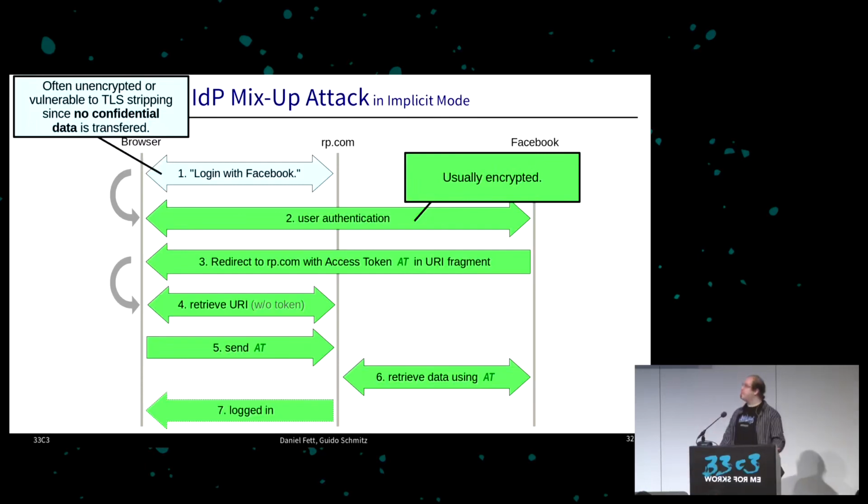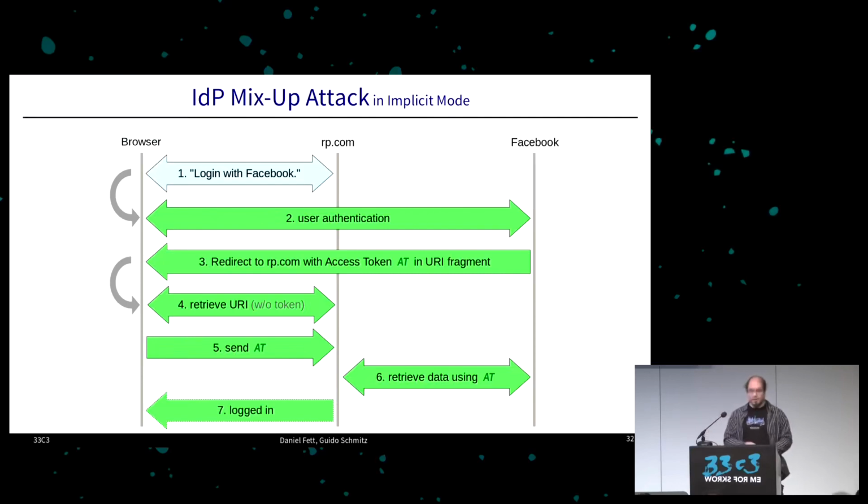And this very first information, where you just click "I want to use Facebook to log in," you could easily assume is not sensitive information. So this very first request often goes unencrypted, or if you consider other attacks like TLS stripping, then you also cannot guarantee that this request is encrypted.